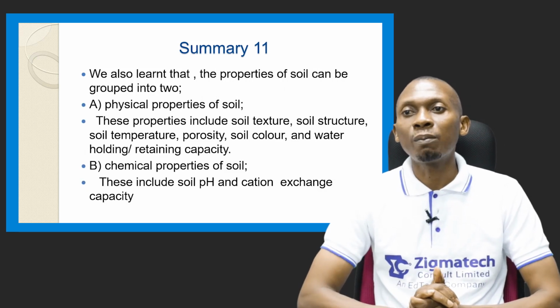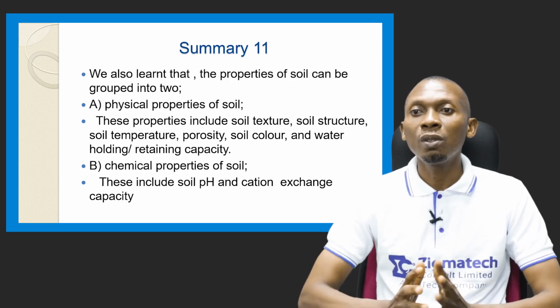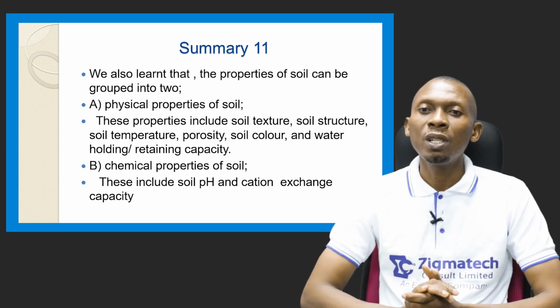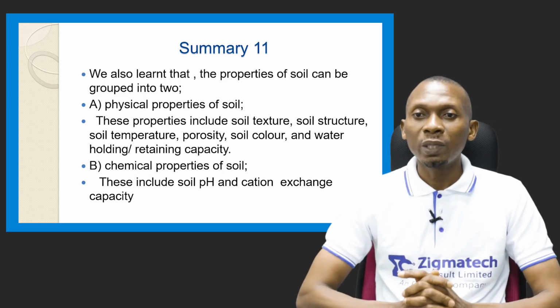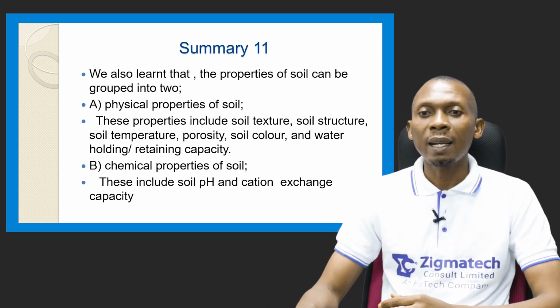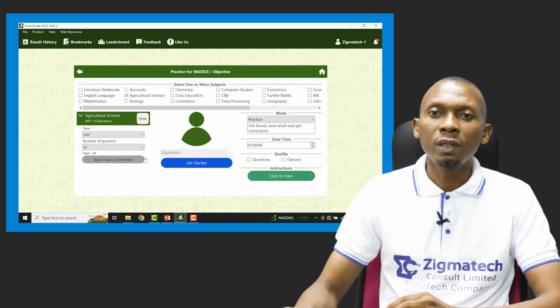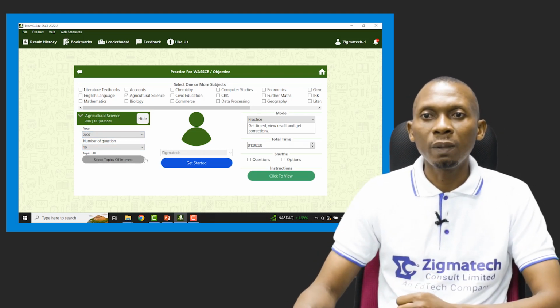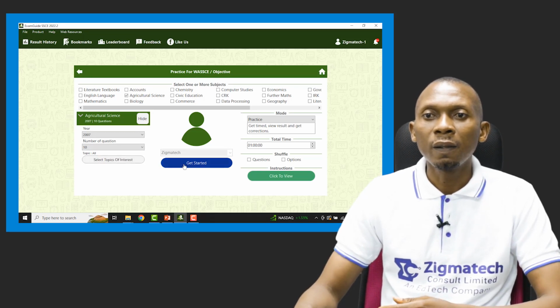We also learned that the properties of soil can be grouped into two: the physical properties of soil, which include the soil texture, soil structure, soil temperature, porosity, soil color, and water holding or retaining capacity, and the chemical properties of soil, which include the soil pH and cation exchange capacity. So let's take a look at some questions based on what we have learned today, and let's test our knowledge base.